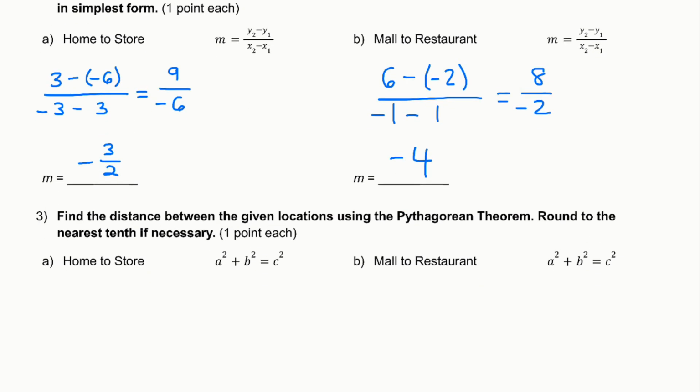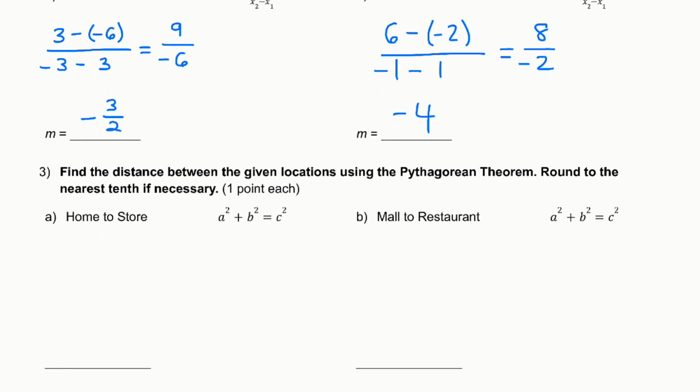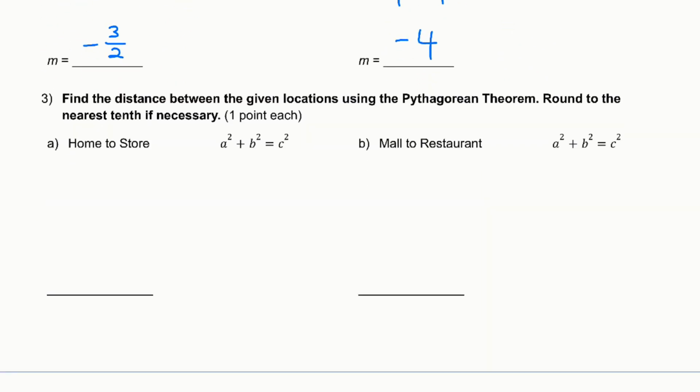Task 3, you are finding the distance between the given locations. So I'm going to kind of bounce back and forth between this question here and then up top on my graph. So we are finding first the home to the store. Again, you're going to use the Pythagorean theorem. I'm not going to mess with the distance formula. I know some folks chose to do that on the project, but we're just going to keep it simple and use the Pythagorean theorem.